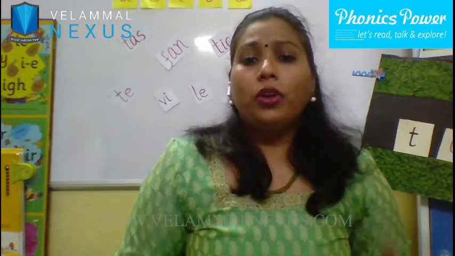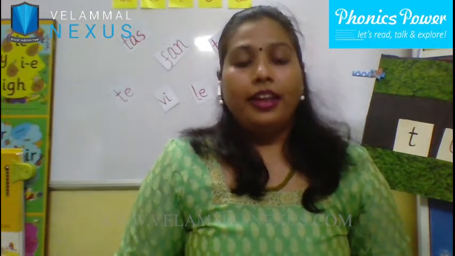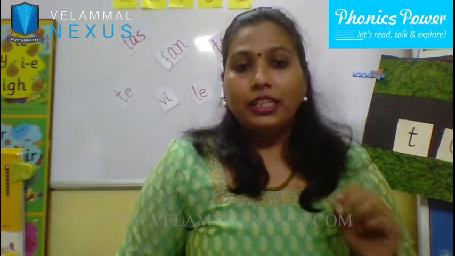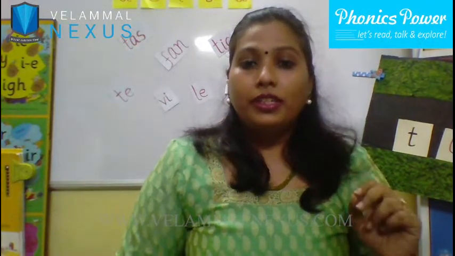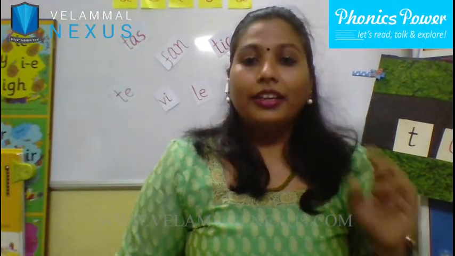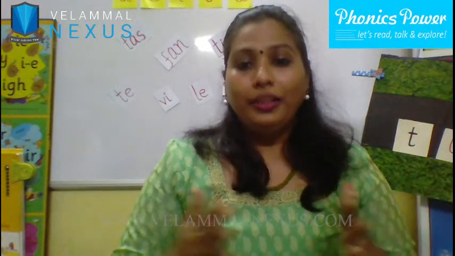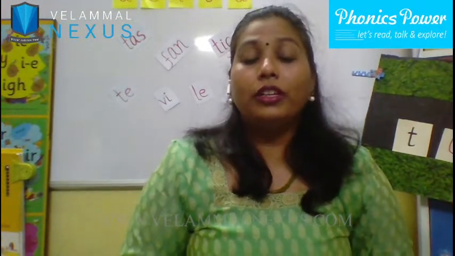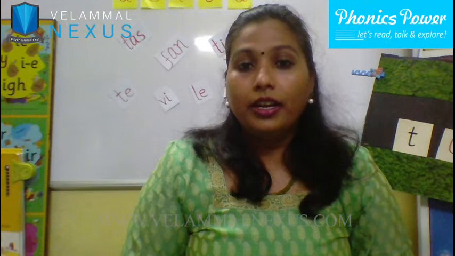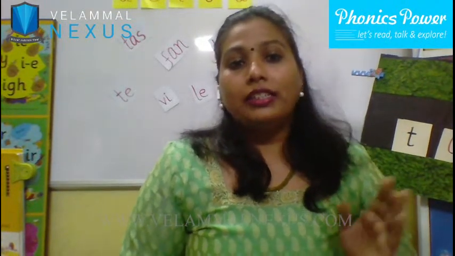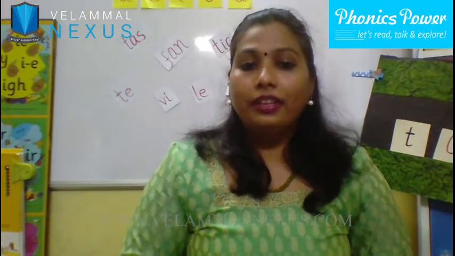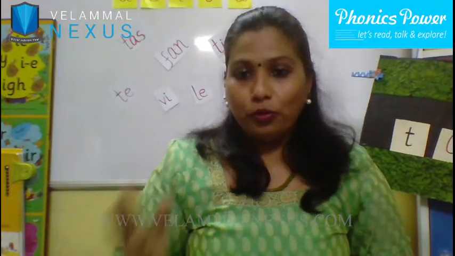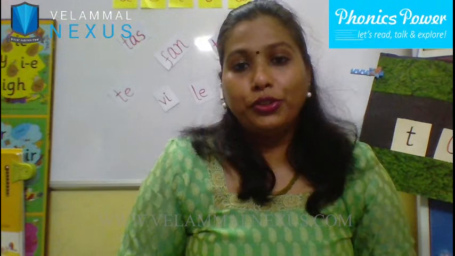So what are decodable readers? These books contain words which the child can read without any hesitation, and they do not come across any tricky word or longer word. So the child starts with three-letter words and then a complex one, four-letter words, and then you put them through longer words, so they don't have an aversion towards reading.